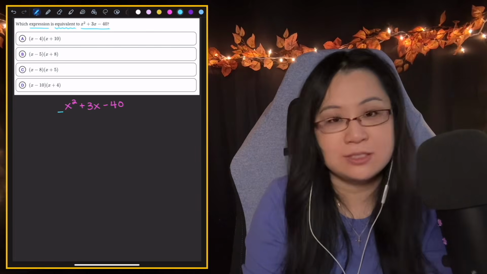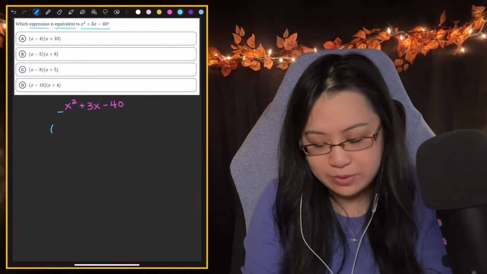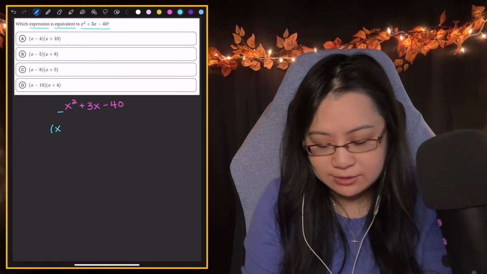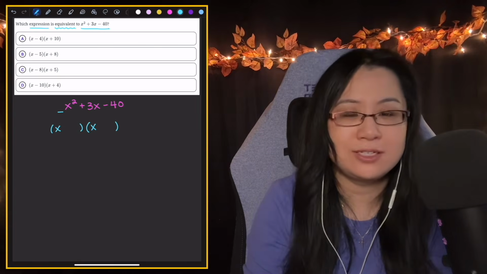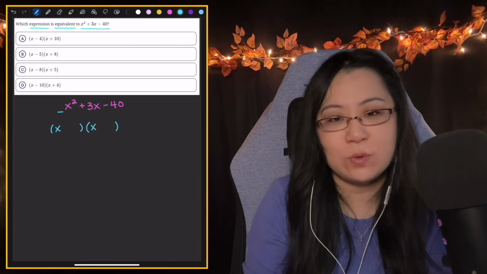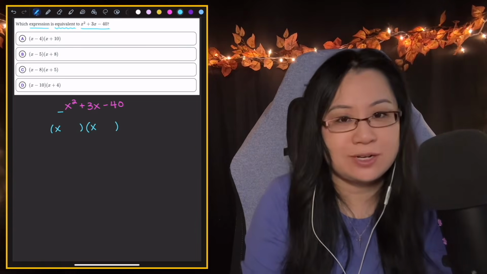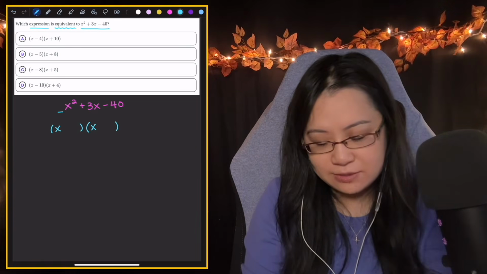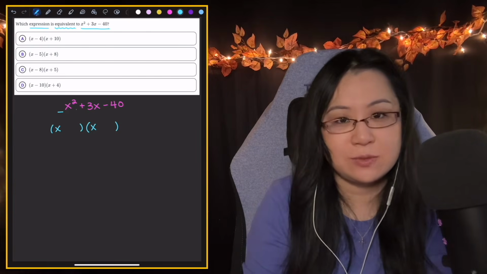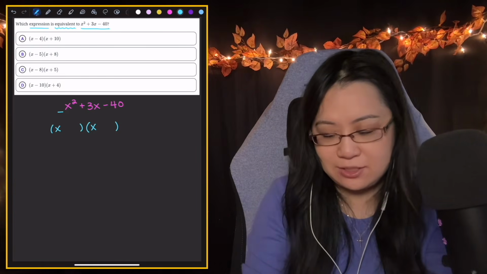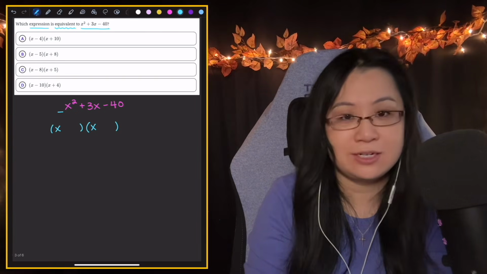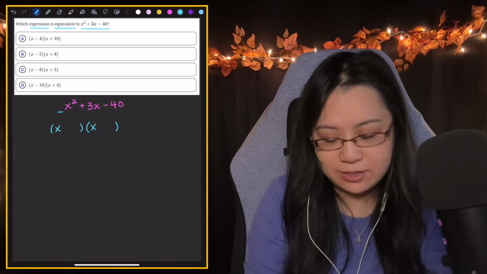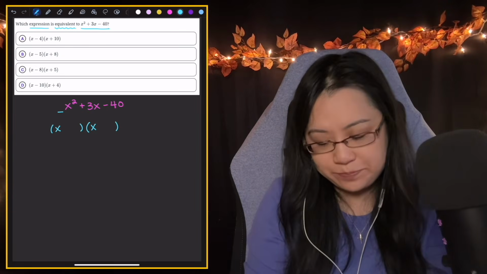But because it's 1, we know that the two binomials are just going to be x and something and x and something, because the only way to factor 1 into positive whole numbers is just 1 times 1, right? So x times x is going to give me the x squared. So that's actually really nice, and we can see that in all of our multiple choice answers. We have x, and then we just need to figure out the second parts, right?